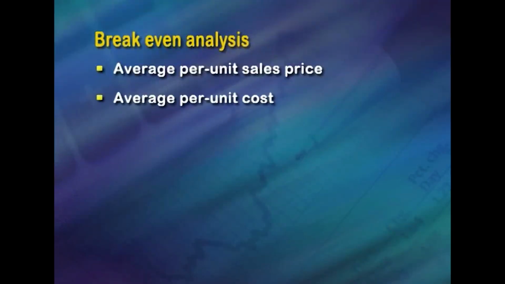Second is the average per unit cost. This is the incremental cost or variable cost of each unit of sales. If you buy goods for resale, this is what you paid on average for the goods you sell. If you sell a service, this is what it costs you per dollar of revenue or unit of service delivered to deliver that service.